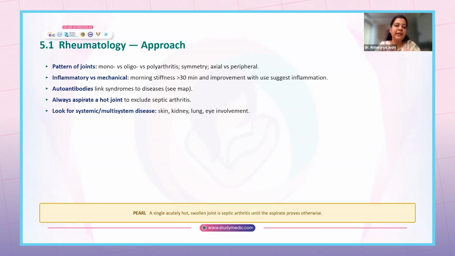Autoantibodies can directly be linked to the diseases. If it is a hot joint, you need to aspirate it in order to exclude septic arthritis. Remember, all aspirations are done under ultrasound guidance. Try to identify if there is a systemic or multisystem disease where the skin, kidney, lung, eye is involved. Rheumatological diseases can involve the CNS, the cardiovascular system, the GI system as well.